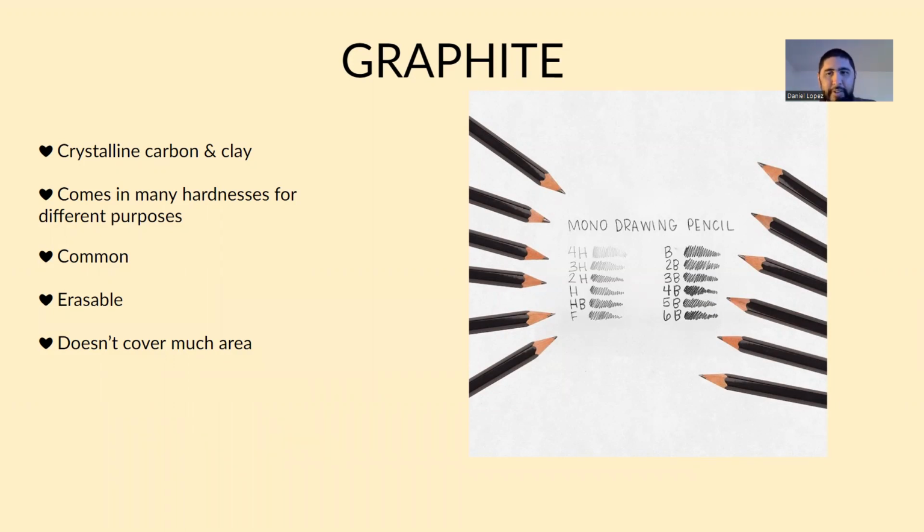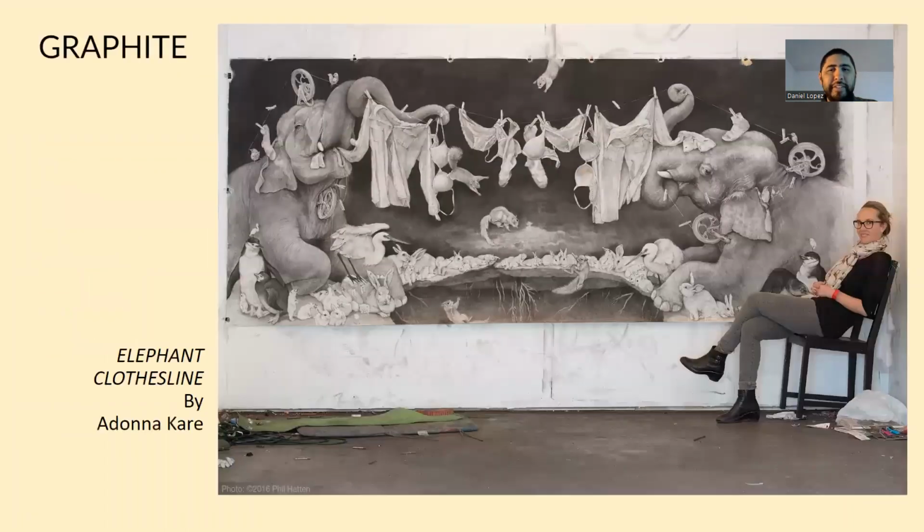There's other types, but it goes from brittle to chunky, depending on what you need. It's kind of fun to play around with different types, but we use 2B for regular graphite pencils. Obviously, it's erasable.